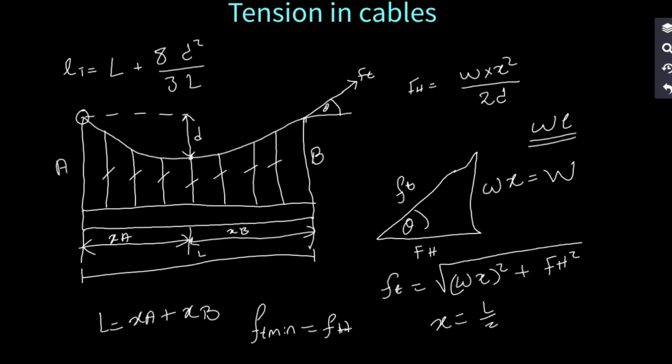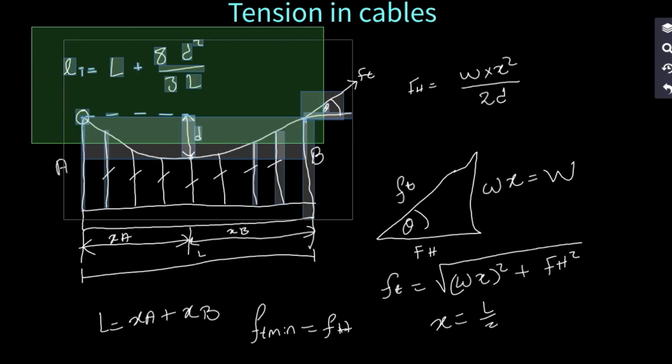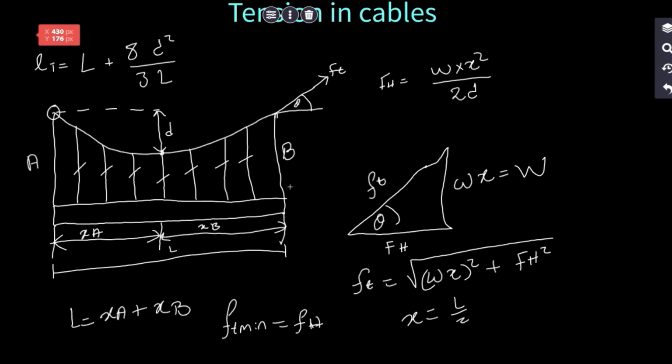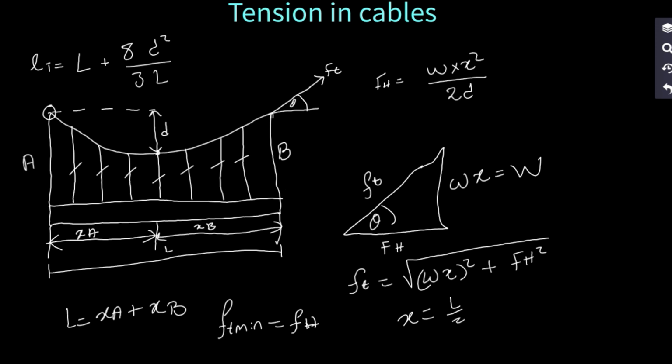And there's this formula that I want to bring to your attention in case you come across it somewhere. Let me move this. From this formula, remember we said if we're dealing with a bridge that has equal supports, we are going to have our x being equal to L divided by 2.